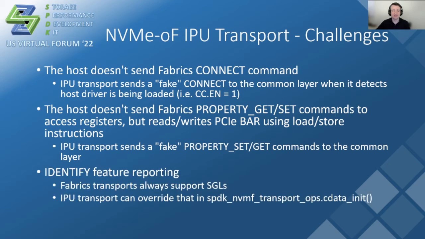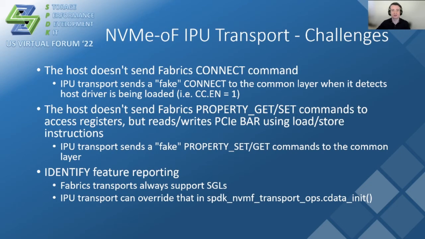Then there's the issue with reporting features in the identify controller command. Fabric transports are required to support SGLs, but an IPU doesn't have to do that. It's not a fabric transport after all, it's PCIe, so it might only support PRPs. But again, we have a simple solution here.